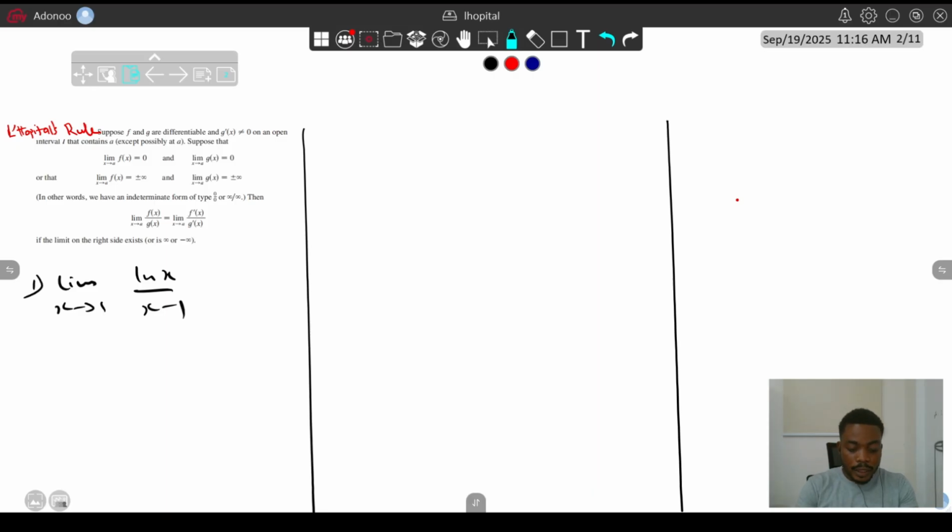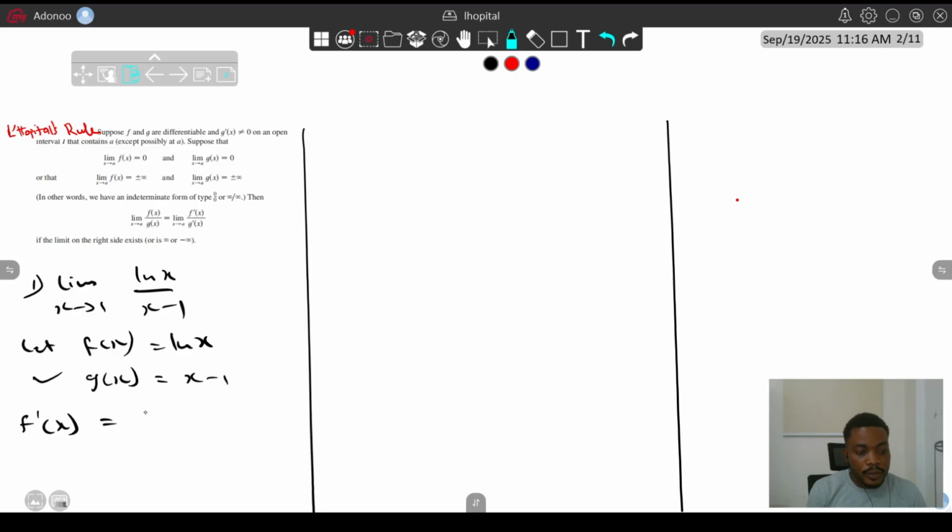We are going to say let f of x be equal to ln x, and let g of x be equal to x minus 1. Now f prime of x is equal to what? 1 over x, and then g prime of x is equal to 1, right? Great.